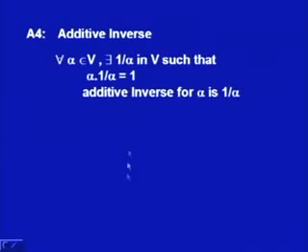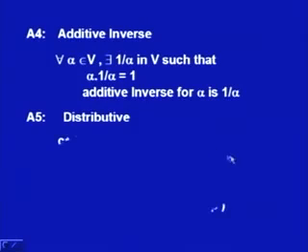For the additive inverse, if I have alpha belonging to V, then there exists 1 by alpha in V such that when they are multiplied together, what I have is the additive identity, which in this case is 1. So alpha multiplied by 1 by alpha is equal to 1. So the additive inverse of alpha is nothing but 1 by alpha.